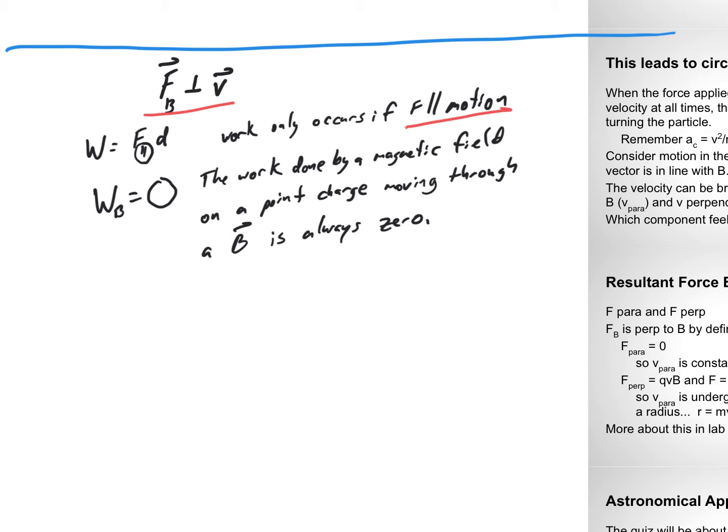Okay. There's a little extra condition there about it being a point charge, but other than that, this is what happens when we have this consideration of parallel and perpendicular to consider.